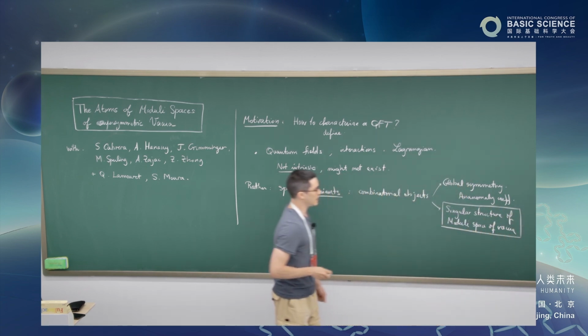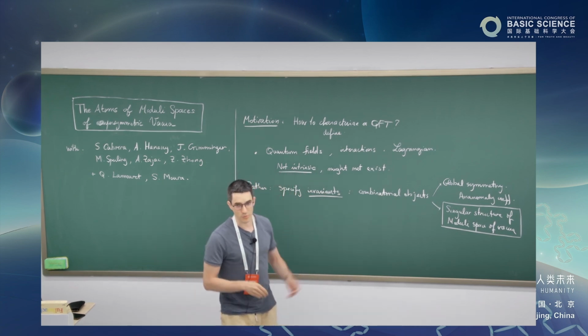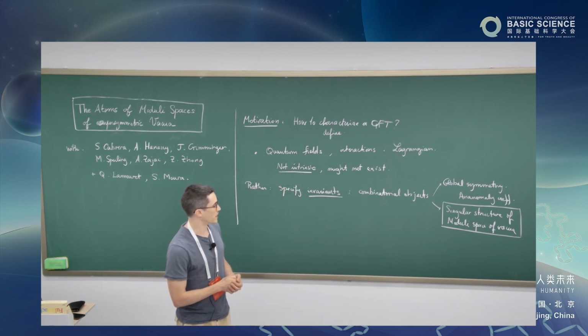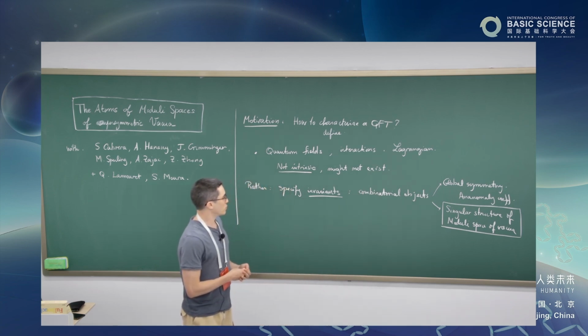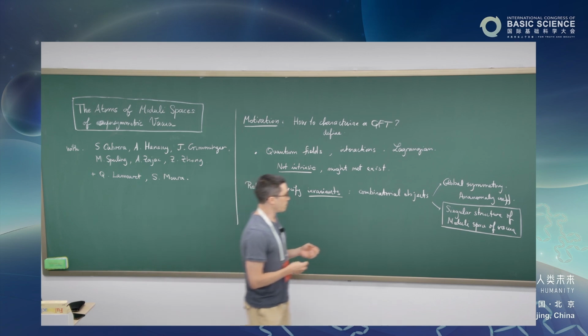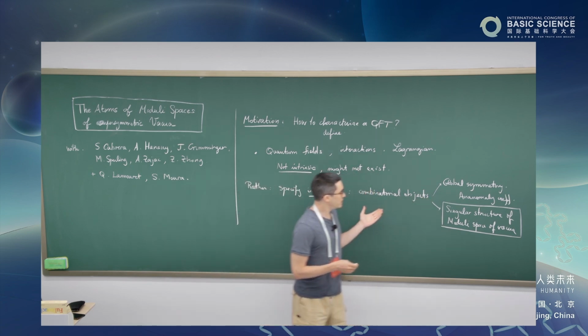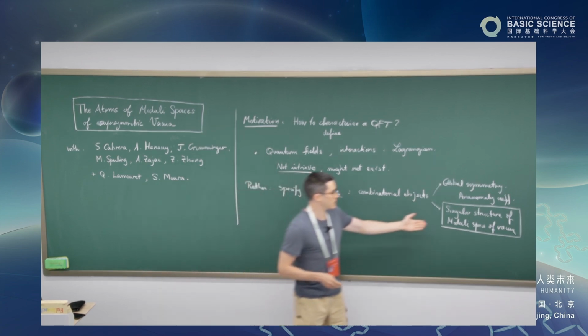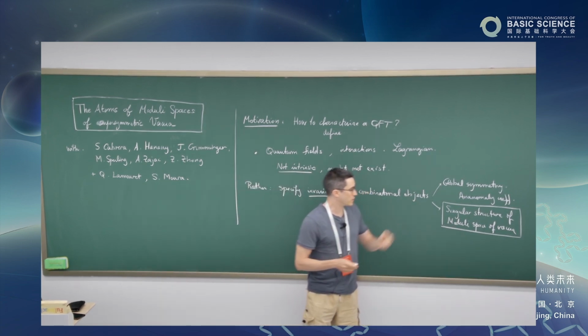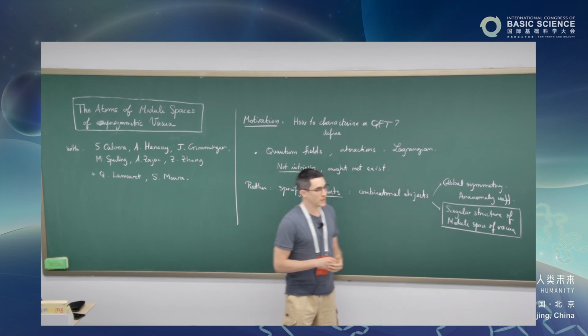And I would like, in this talk, to present what we can learn from that and what we can compute, and first of all, what it looks like. Of course, depending on the theory, this might be more or less rich. Maybe there is no moduli space of vacua. If there's a single point, then there is not much to say.